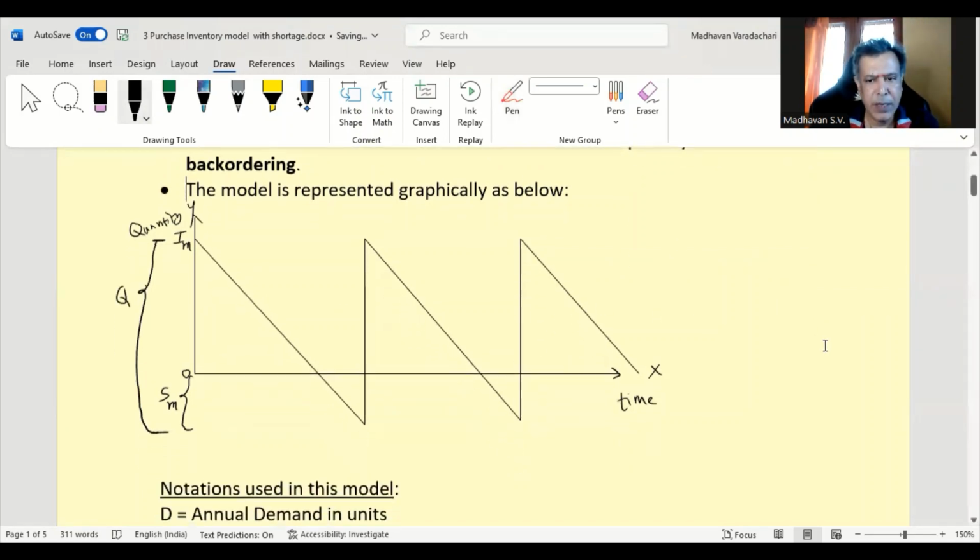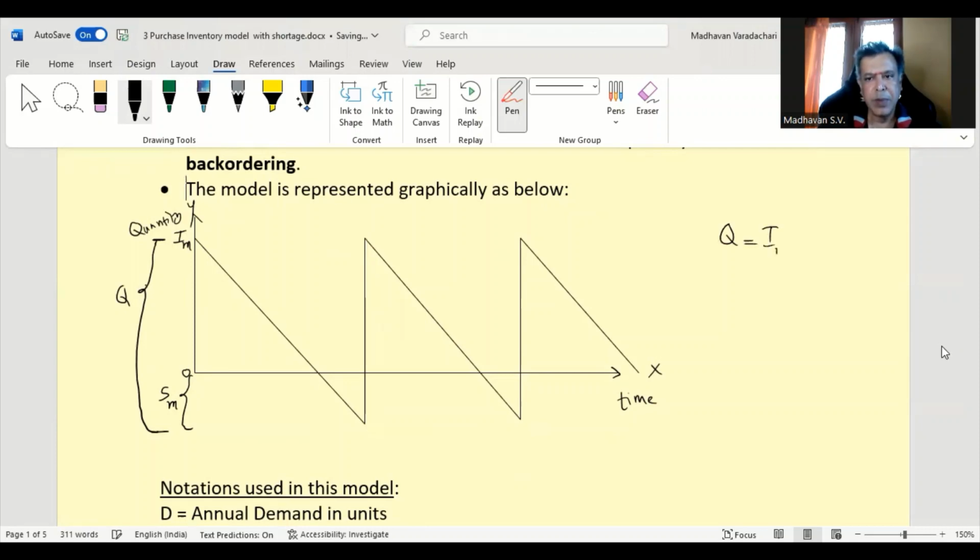That is your Q. It is very clear that Q is equal to maximum inventory plus maximum shortage. The time period during consumption is considered to be T1, and the time period for which the shortage will exist is considered to be T2. That means the total cycle time, small t, will be T1 plus T2.